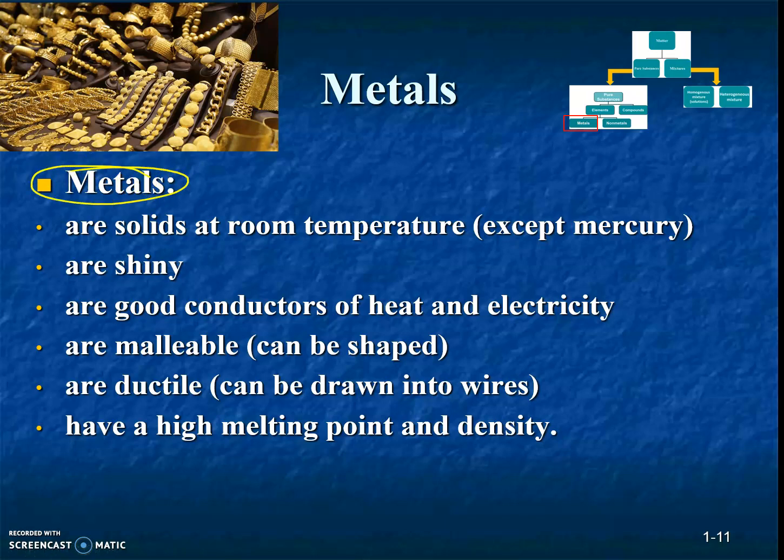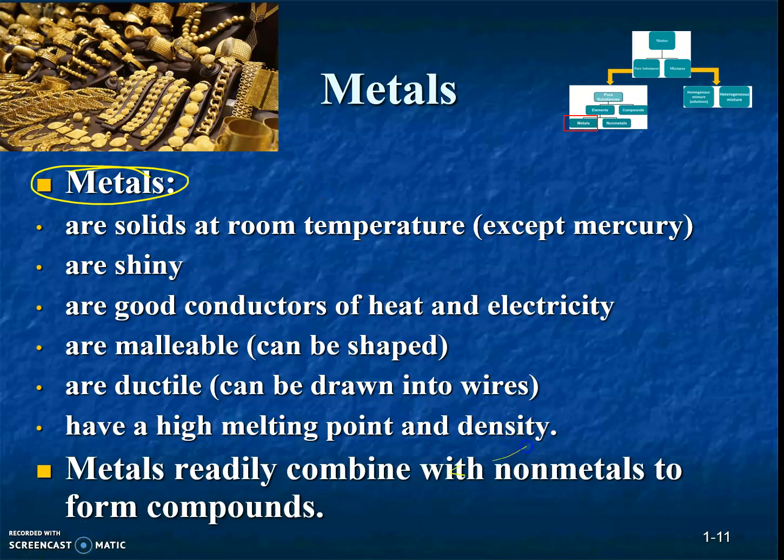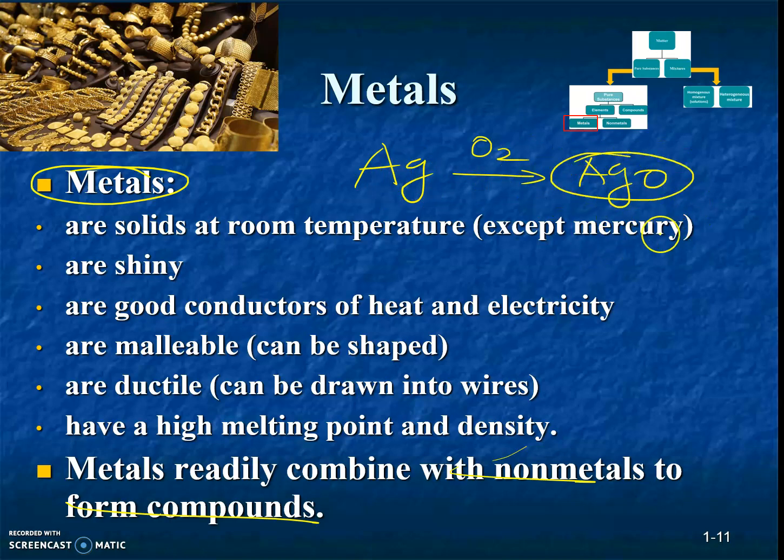And metals can be combined with non-metals to form a compound, like silver. Girls like silver jewelry, and those silver jewelry pieces exposed to air for a longer period of time will become black. Why do they become black? Because they get oxidized and become silver oxide.